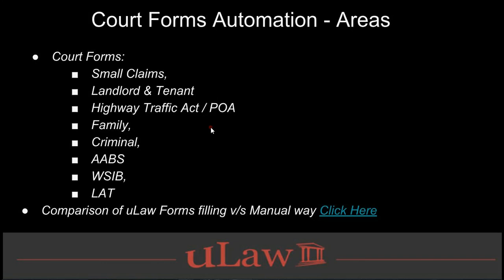And what was originally used to generate the retainer letters and other forms of documentation outside of court forms, we made available through this nice feature to automate exactly in the same position as these documents require them to be, where mistakes, even if you make them, can be easily corrected in one single place, and then you don't have to worry about it at all, because uLaw would then take care of correcting those mistakes and making the most recent information available in these court forms when you generate them.